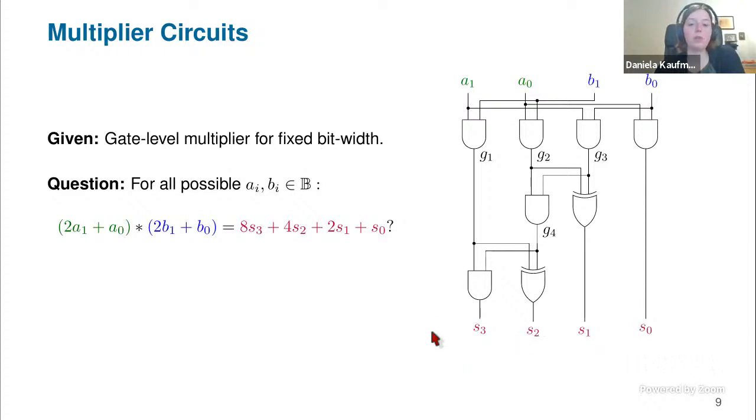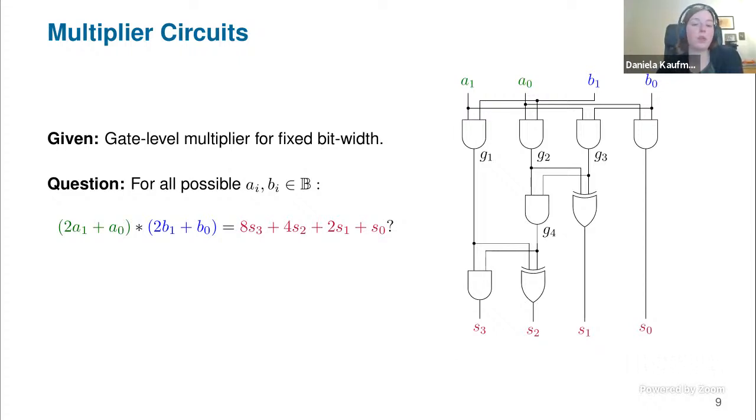So in the following, we will always denote the 2 input bit vectors with A and B. The output will be labeled with S, and the internal gates are labeled with G. And we now want to derive whether, no matter what I plug in at the top, the output down here is always the product of the input.